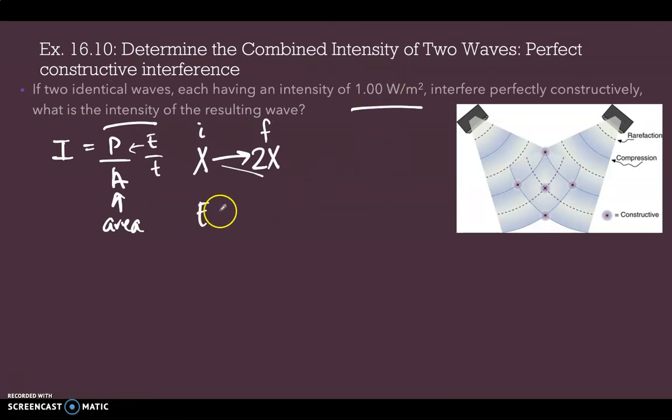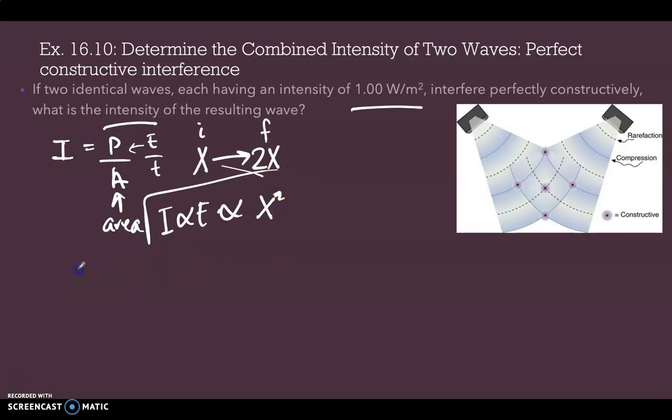So our energy is going to be proportional to our amplitude squared. This also means that our intensity is proportional to amplitude squared. So intensity is proportional to energy, which is proportional to our amplitude squared.